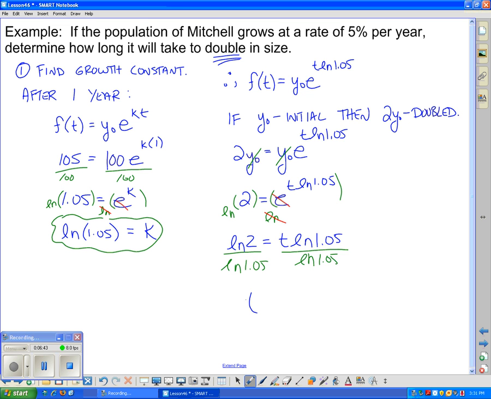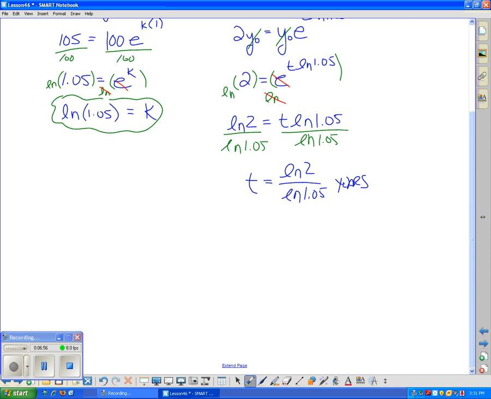So the amount of time for the town of Mitchell to double is going to be ln of 2 over ln of 1.05 years. So there you go. That is your final answer. Therefore, it will take ln 2 over ln 1.05 years to double.